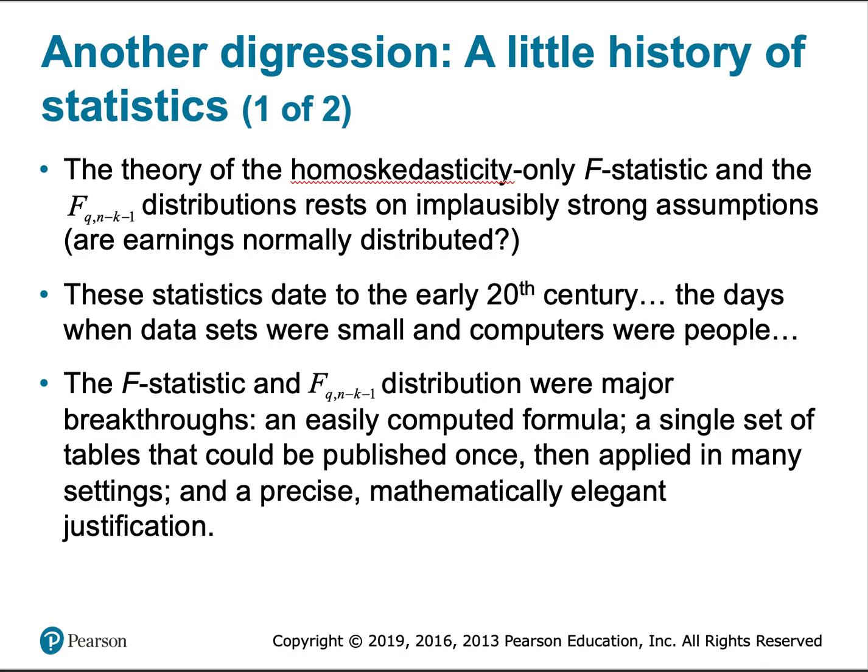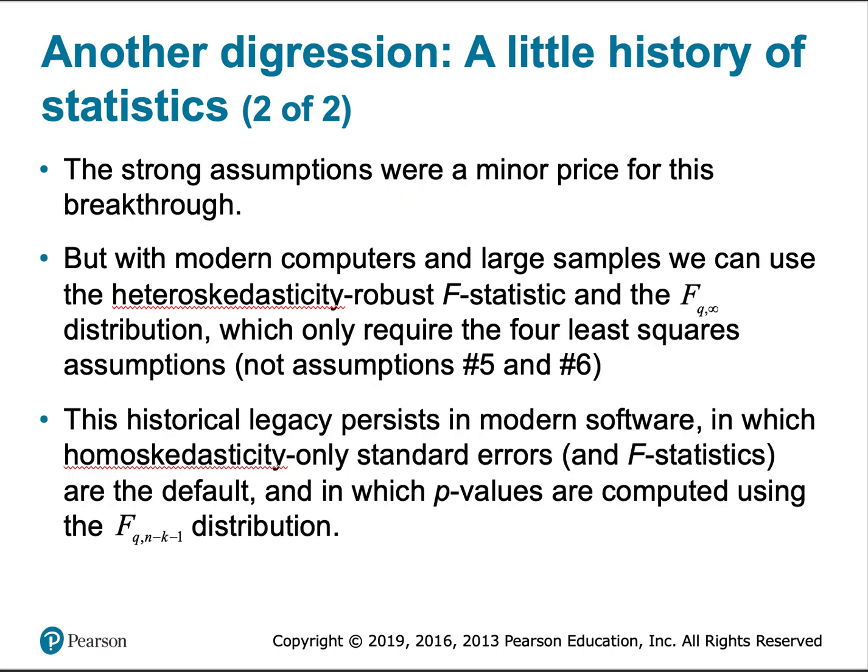The F-statistic and F(q, n minus k minus 1) distribution were major breakthroughs. An easily computed formula, a single set of tables that could be published once, then applied in many settings, and a precise, mathematically elegant justification. These strong assumptions were a minor price for this breakthrough.